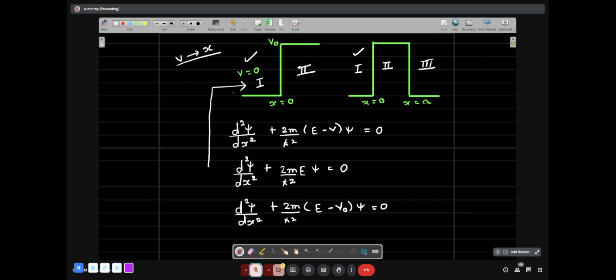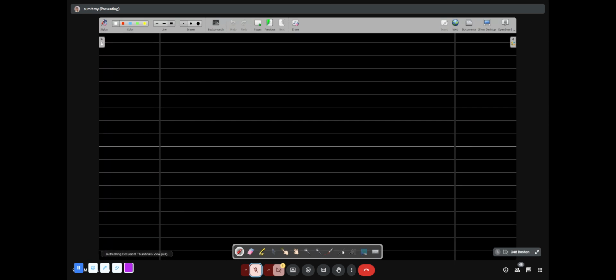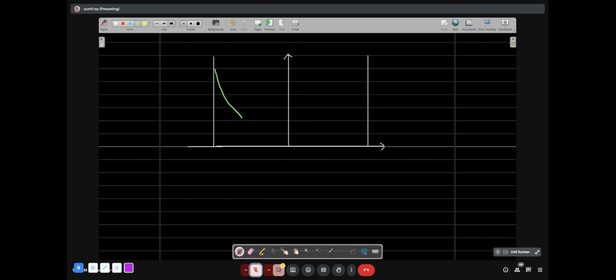Now, for a harmonic oscillator, the variation of potential energy with x, which you just now told me is a parabola. This is how the potential energy of a harmonic oscillator varies with x. This is V and this is x.